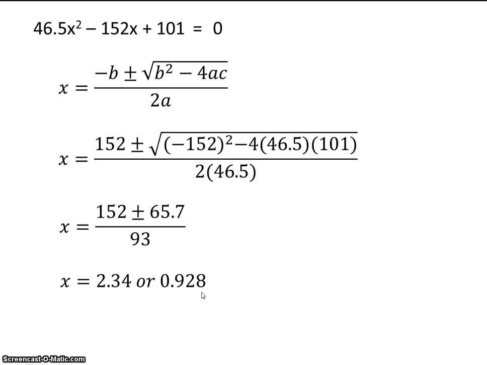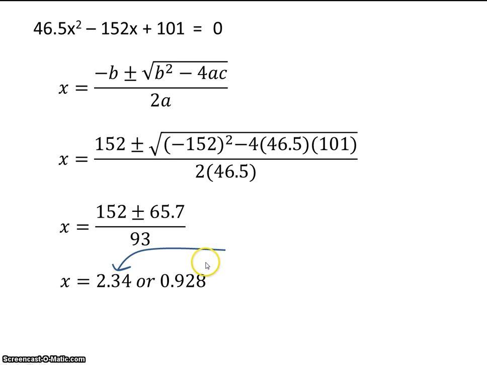Now, if you remember, x is how much the concentrations change. But in the beginning of the problem, we started off with 1 mole. If we start off with 1 mole, there's no way that we can decrease by 2 moles. That doesn't make any sense.